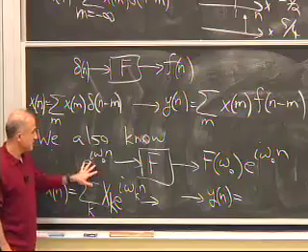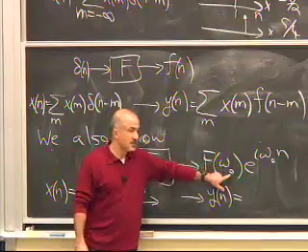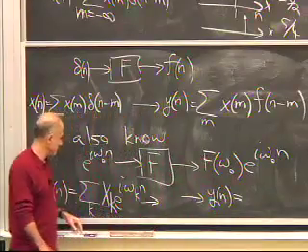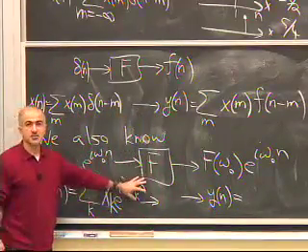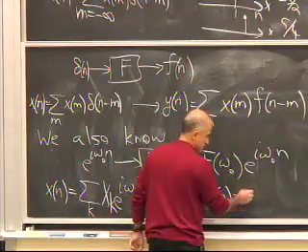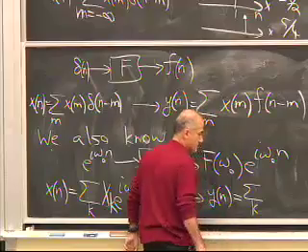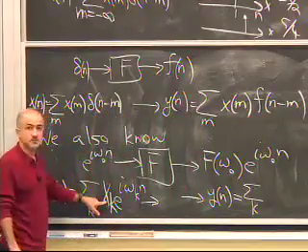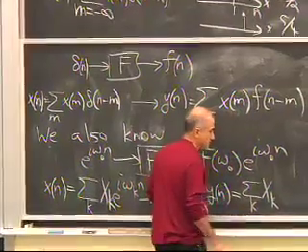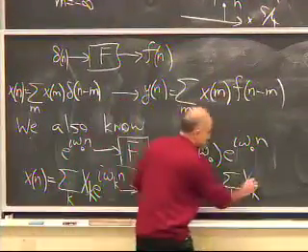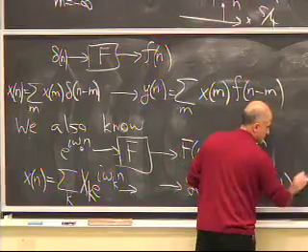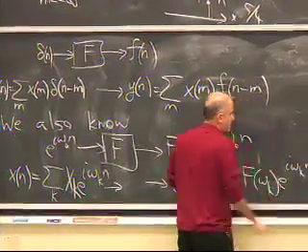I give it a complex exponential. I get the frequency response evaluated at that frequency times the same complex exponential. Now I take a linear combination of these complex exponentials. What am I going to get out at this end? Linear combination, where these are part of the coefficients, x k, and then what? F of omega k e to the i omega k n.